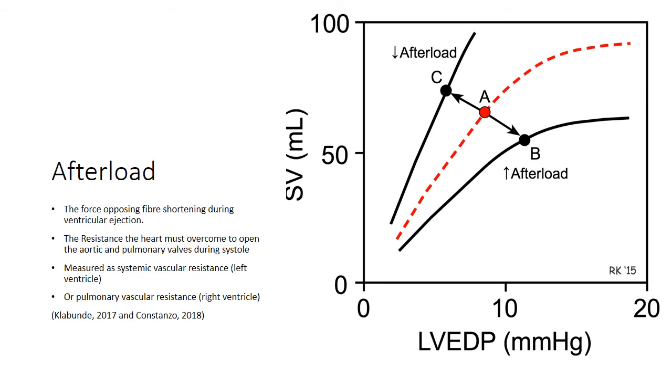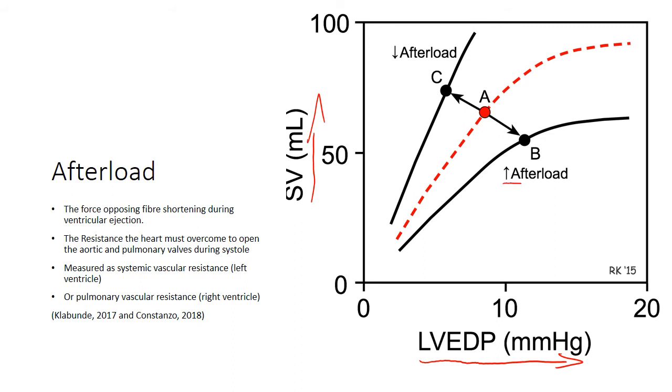And what we can see in the chart on the right then is that we have our stroke volume up the y-axis, and then this is left ventricular end diastolic pressure on the x-axis. So as our left ventricular end diastolic pressure increases, this is a result of an increased afterload.